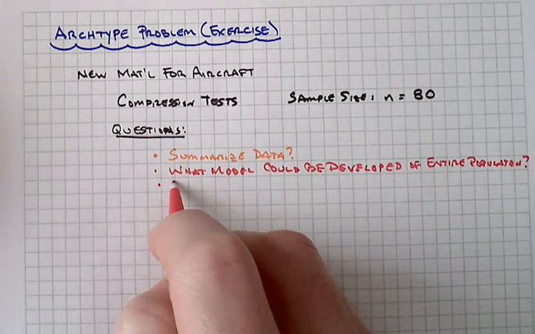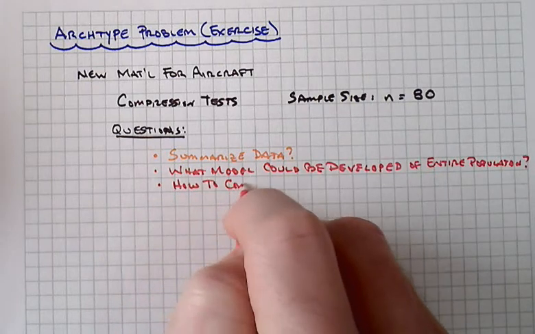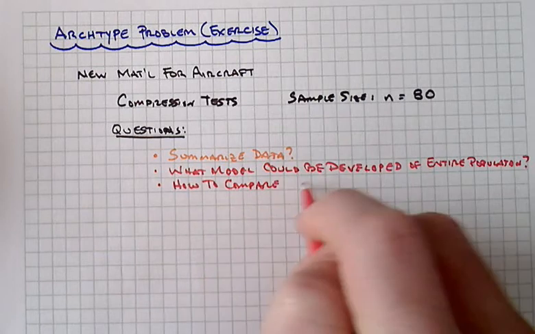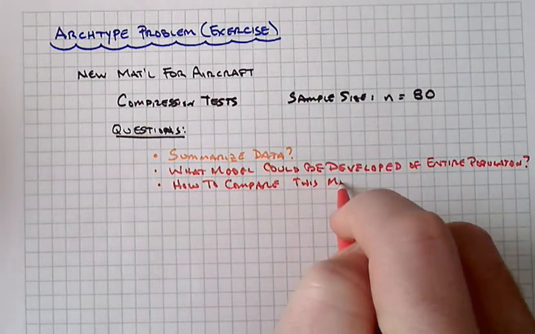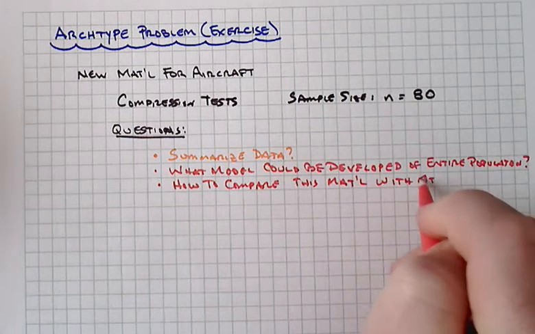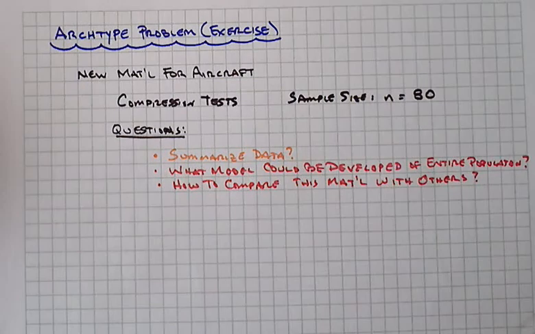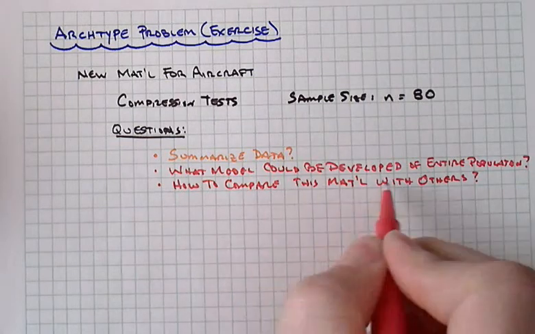How might we compare this material with others? If it's a new material, then how do we know whether it's, quote, better or not? And what are the key aspects of that? When we get into hypothesis testing, we'll be talking about some of these comparisons that could be done.